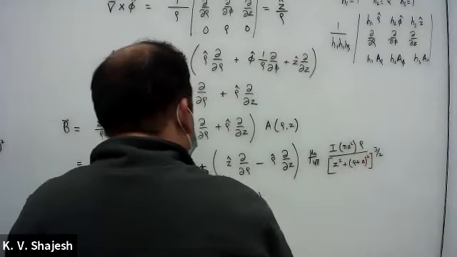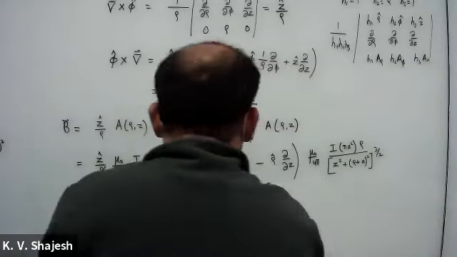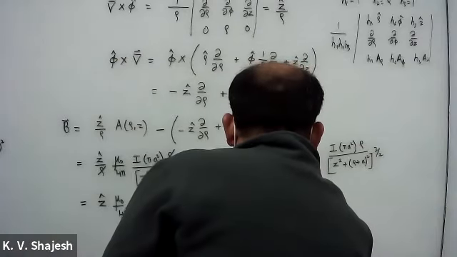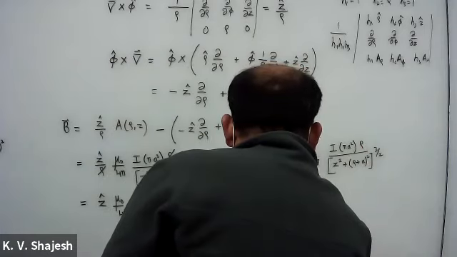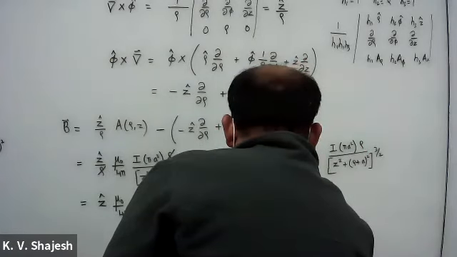This probably is the higher order, but still, let me do that. So this is equal to d by d rho of 1 over z square plus rho plus a square to the 3 by 2.